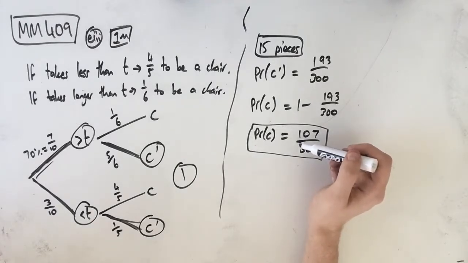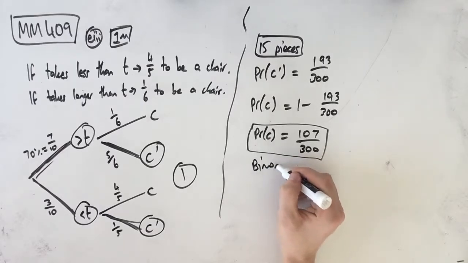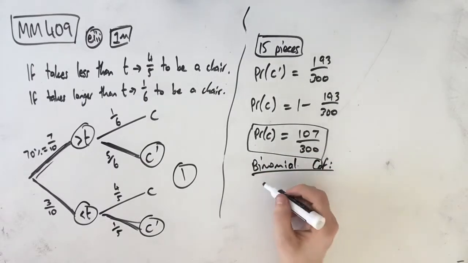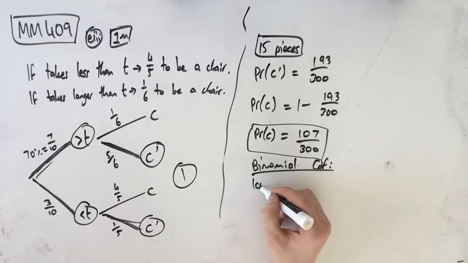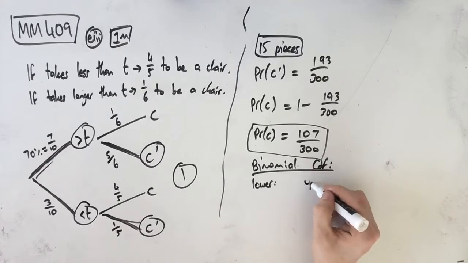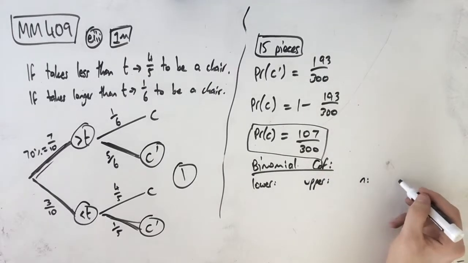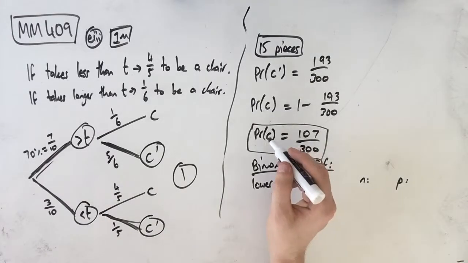So whether one is a chair doesn't affect whether the next one is a chair, which means we're dealing with binomial. So what we need to do is pull up our Binomial CDF calculator in our CAS, menu 55E for me, and it's going to ask us for 4 things: lower, upper, N, and P.